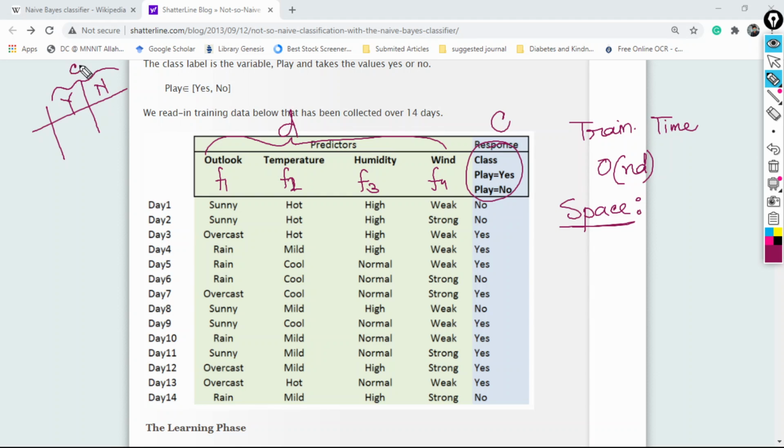So suppose we have C number of classes, and this is for feature 1. For each feature we have to store, we need order of C space.